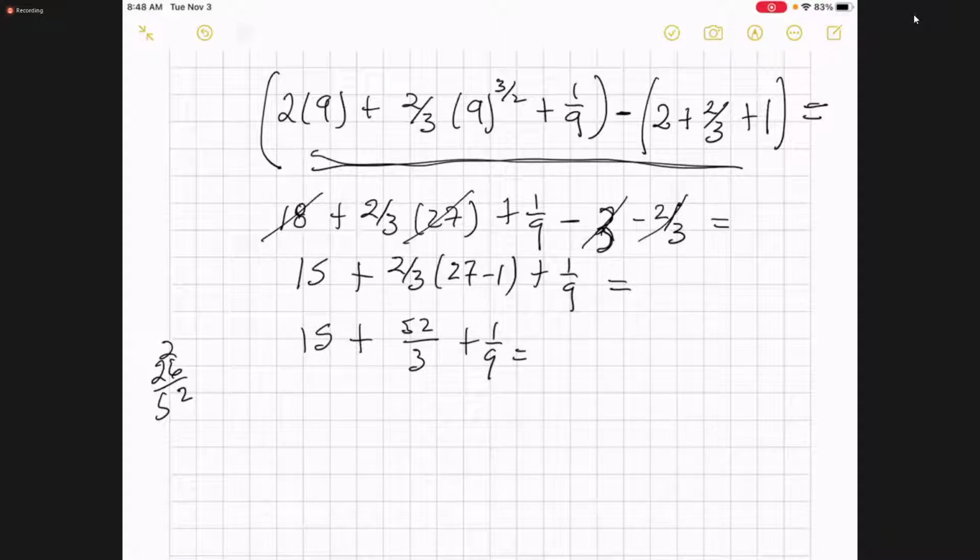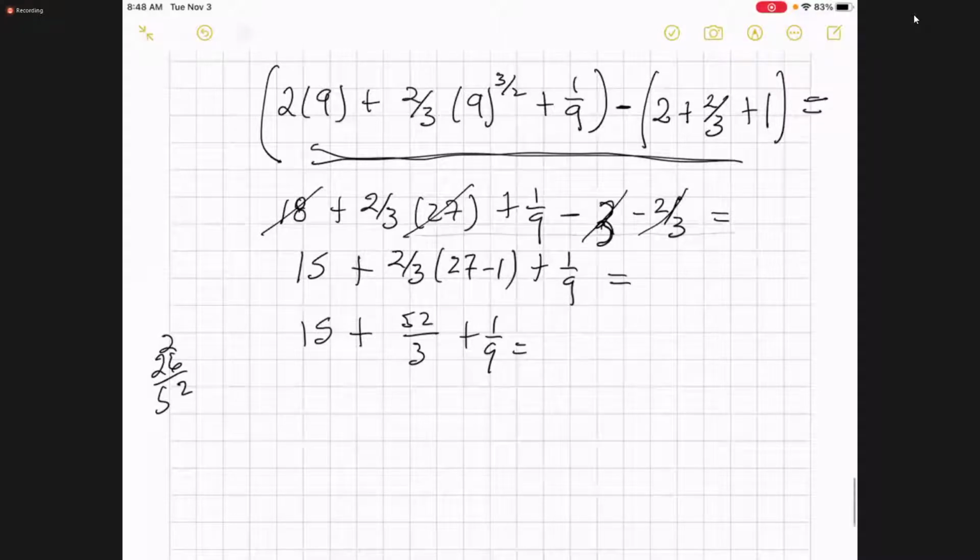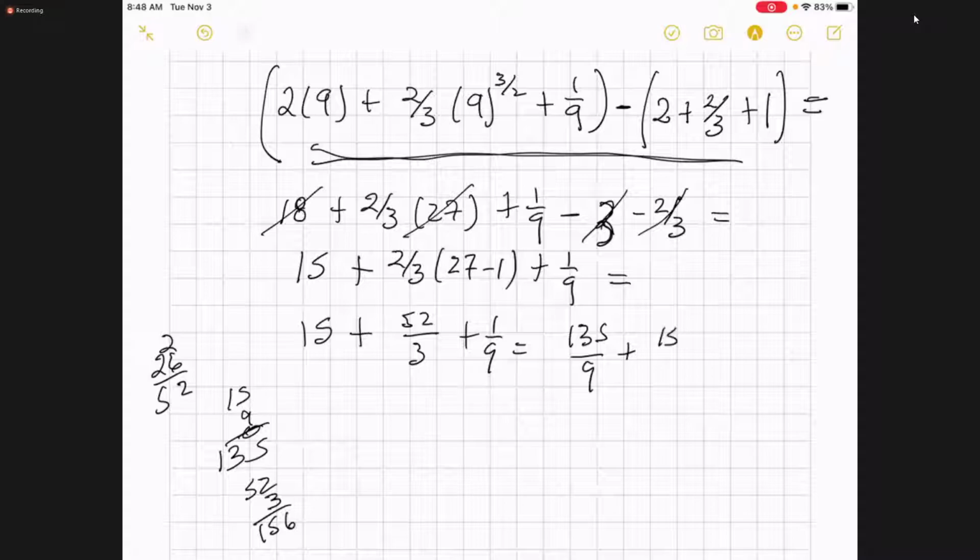9 times 15 is 135, so 135 over 9, and then 52 times 3 is 156 over 9, plus 1 over 9.